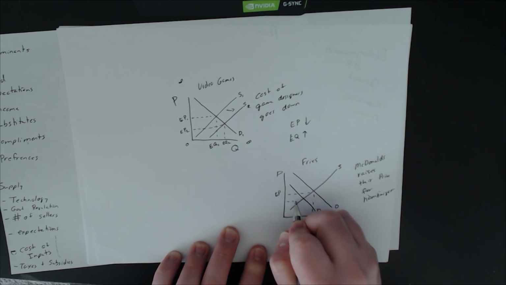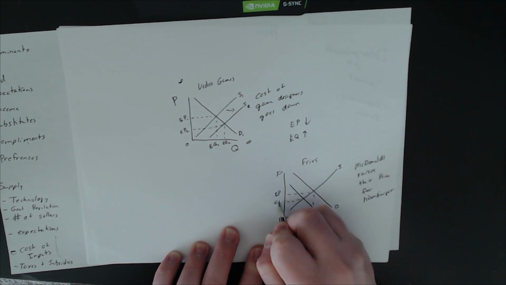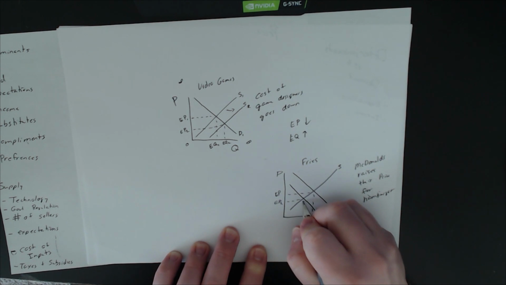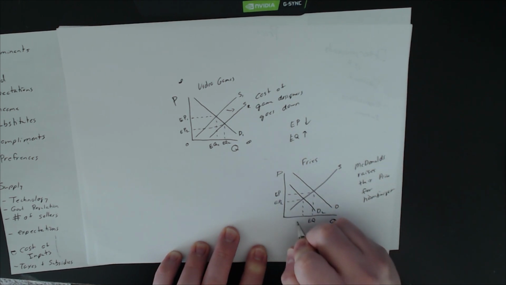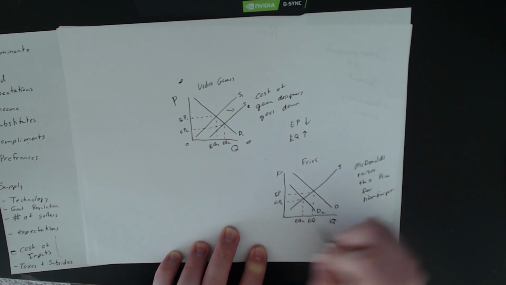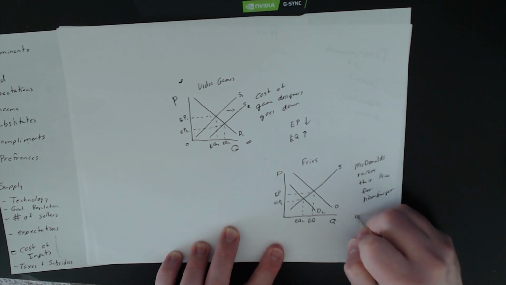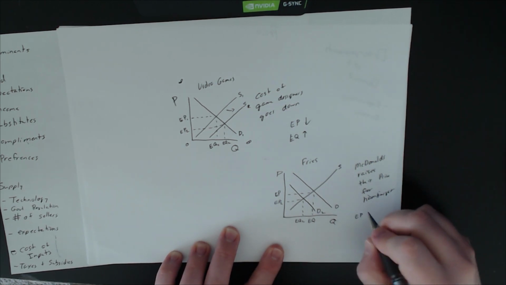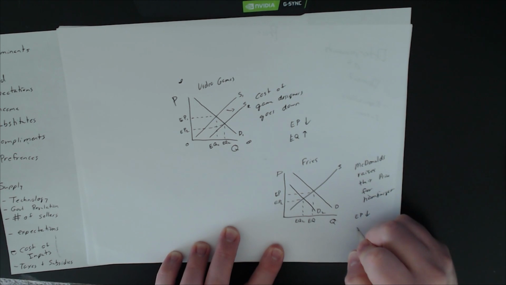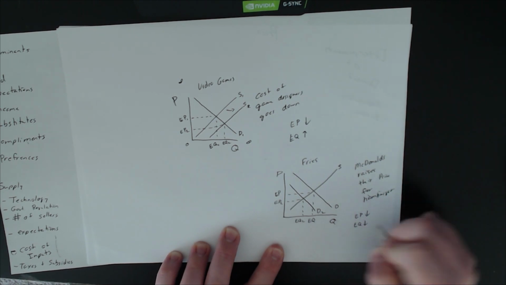And I will show my new equilibrium. So because of that, my equilibrium price has gone down. My equilibrium quantity has gone down.